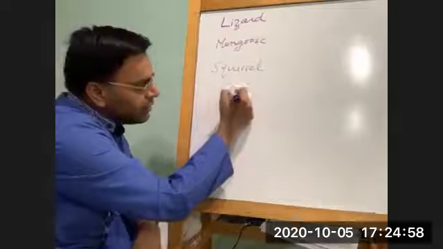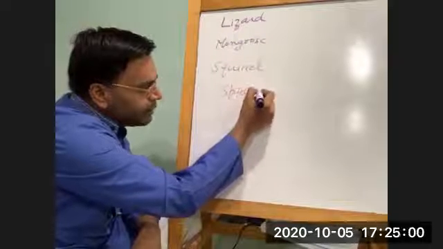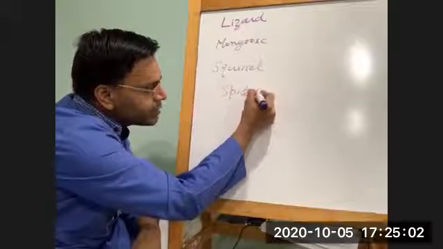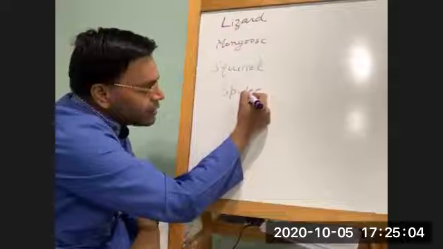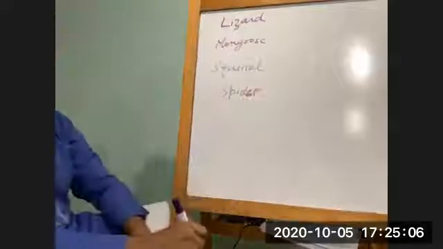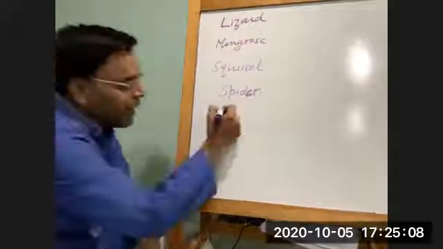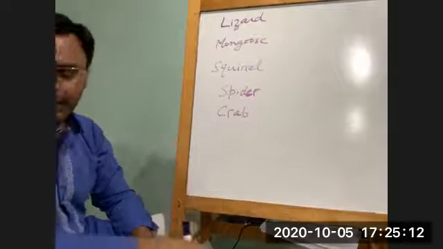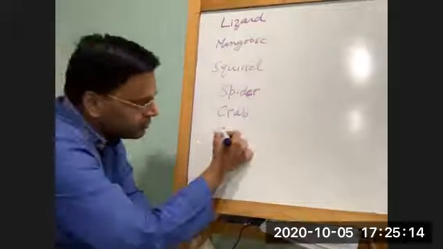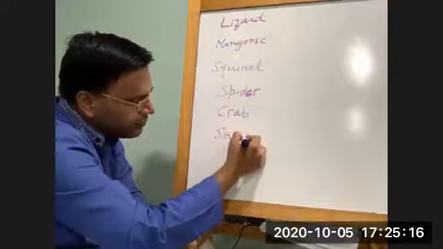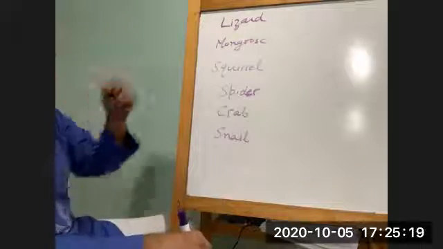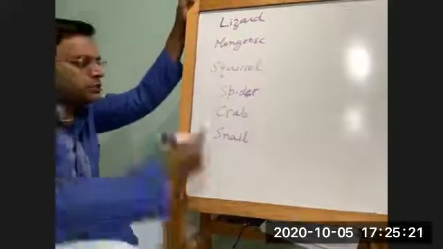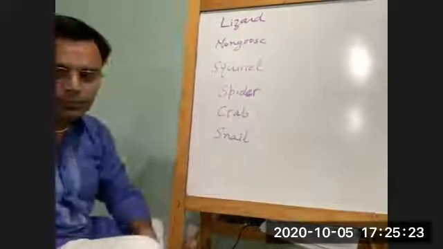Did we do spider last time? Right, we did ant. Ant is called pipilika. So there is spider. What is a spider called? And then crab and snail. Okay, so how about let's do these ones also.